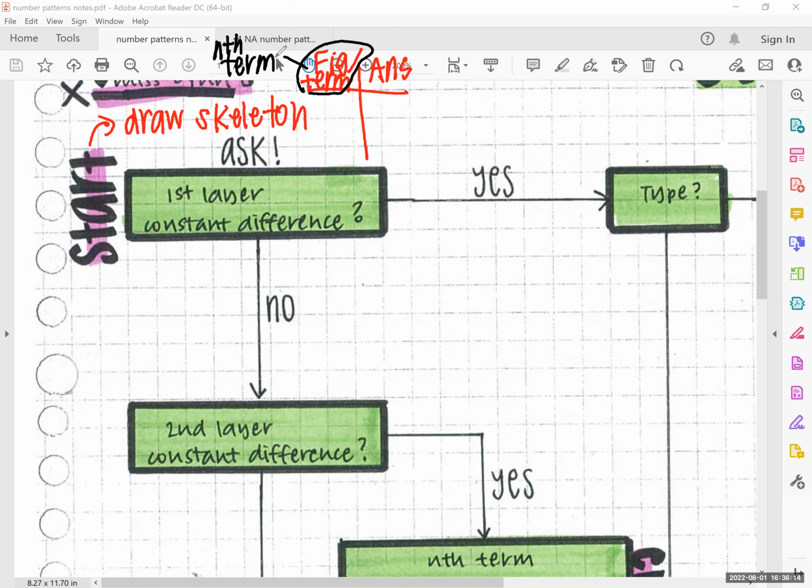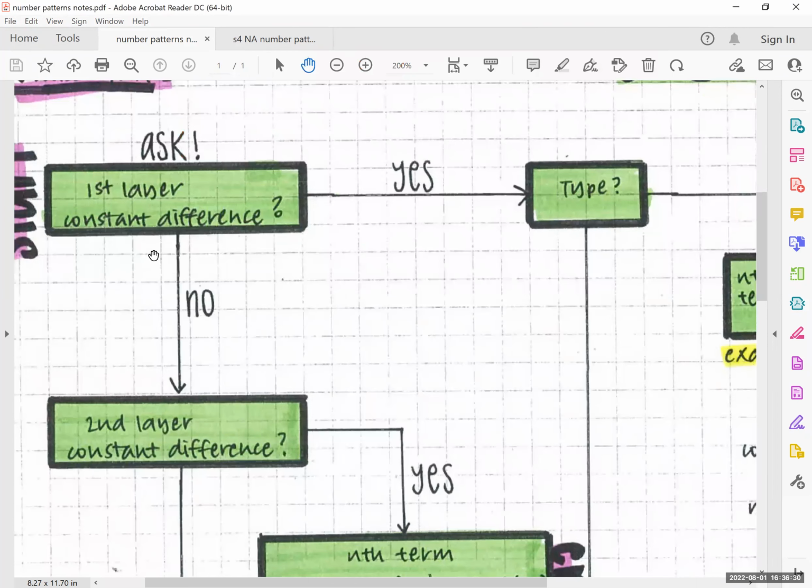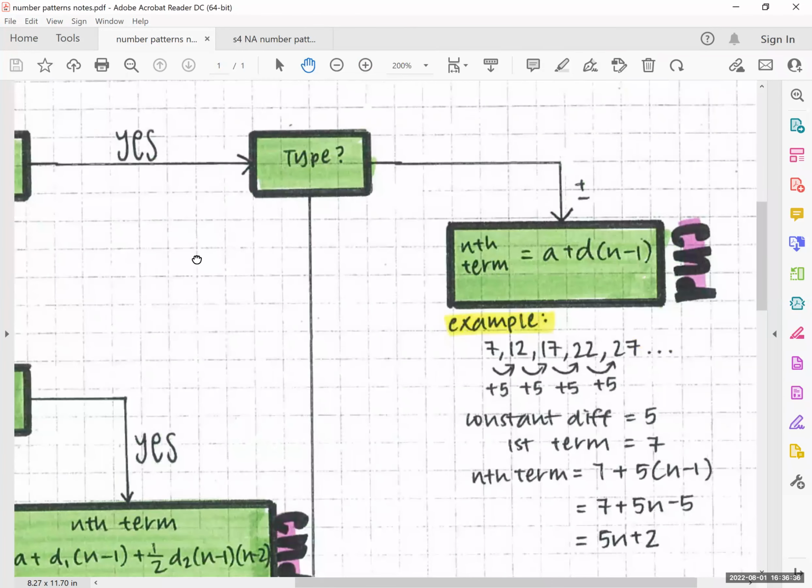So what is this first layer constant difference? It can only be found out if and only when you draw the skeleton. They say first layer of constant difference, and there are actually two types.